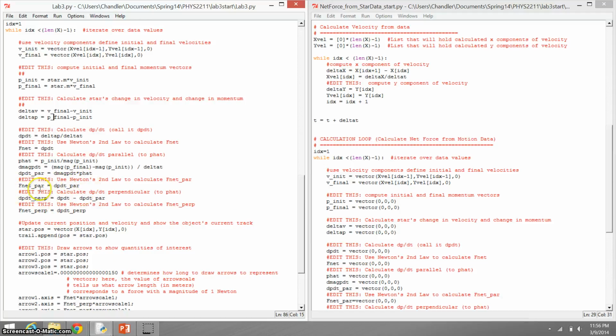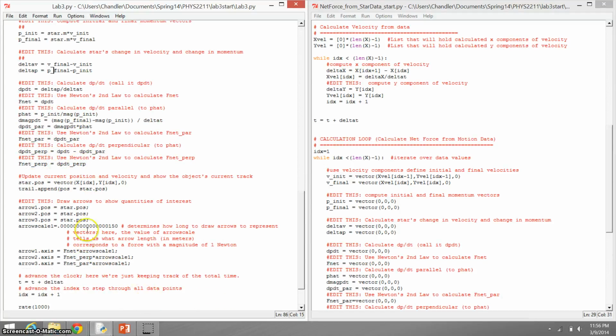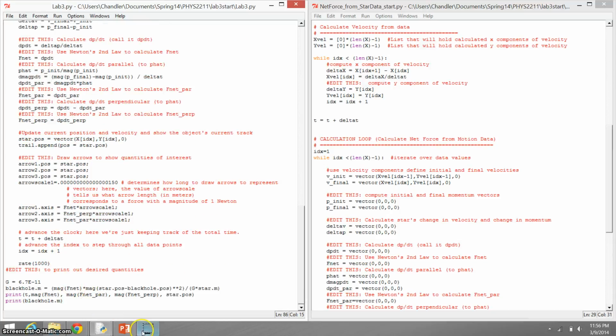So that's about it for the changes. We also changed the arrow scale here. I changed this so the arrows aren't as large. But that's about it here. And then we added g. This is a given. We know this. This is a constant. So we have this here, and then I added this equation here to find the mass of the black hole. And I'll show you how we determine this in a little bit.